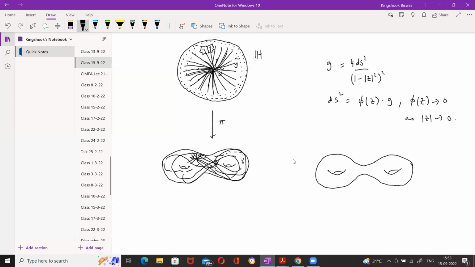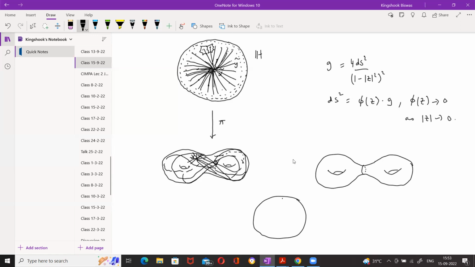So geodesic laminations in the universal cover correspond to a family of non-intersecting geodesics which is invariant under the group gamma. For example, it could be just one simple closed curve like this. Because it's simple, the lifts will all be disjoint, you see.